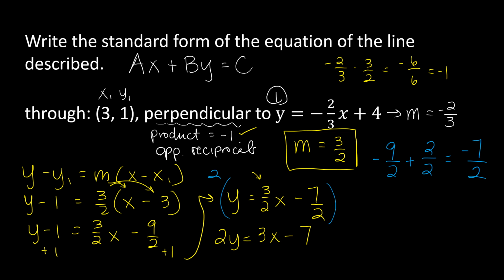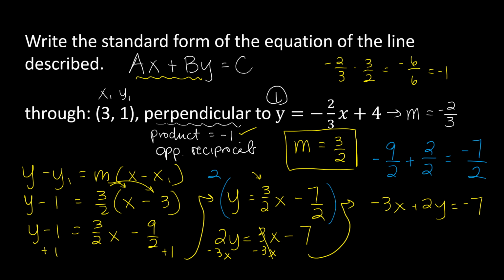Okay? Now I'm going to move my 3x to the left because in my standard form, my x and my y are on the same side. So when I do that, I have negative 3x plus 2y equals negative 7. But remember, a is always positive.